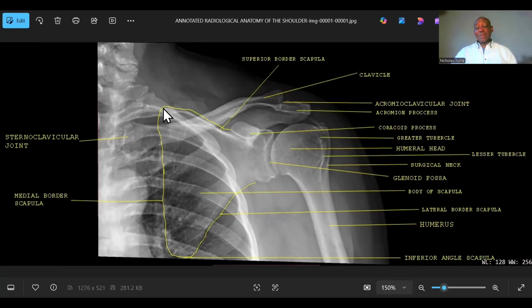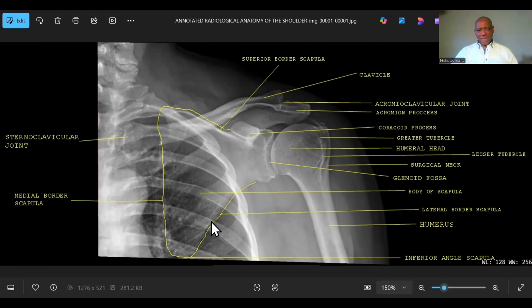Furthermore, you have the scapula, which is also called the shoulder blade. Like the scapula, the clavicle is also called the collarbone. The scapula has the superior border, and an inferior border or inferior angle.